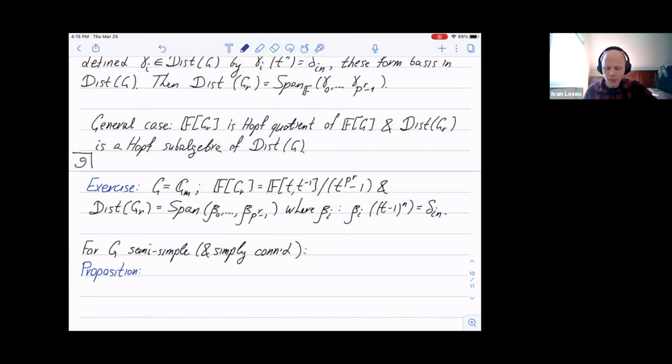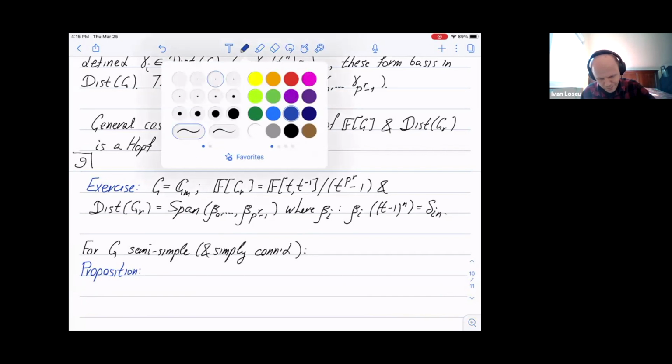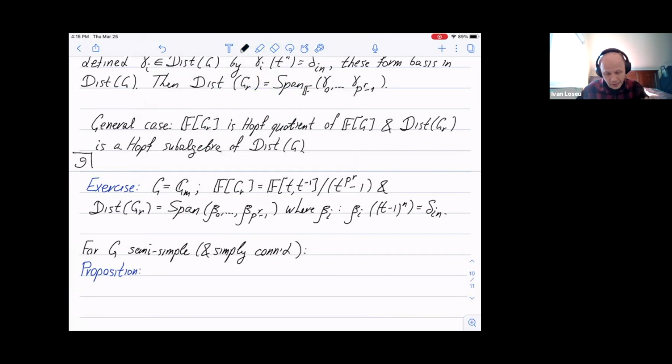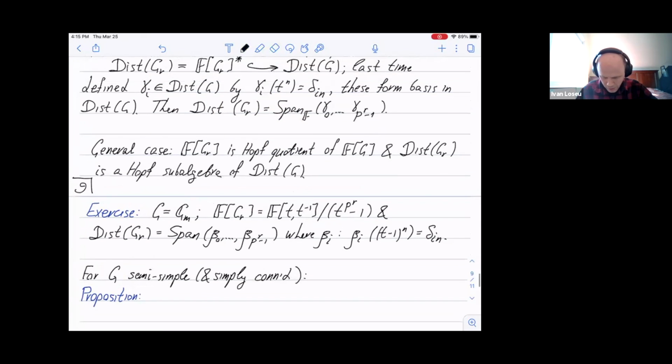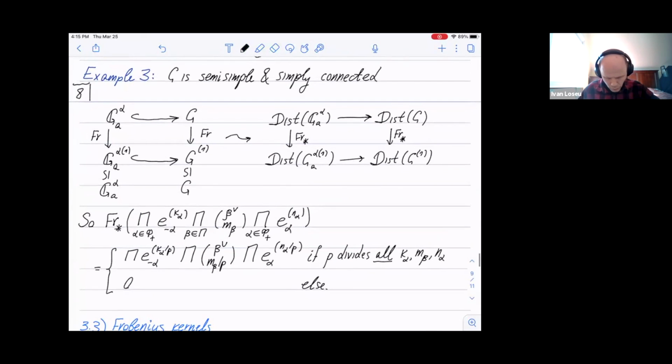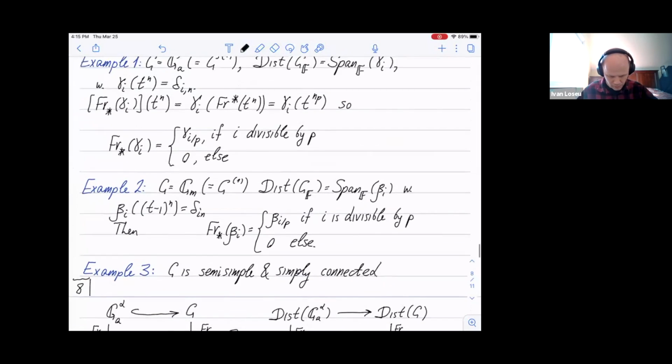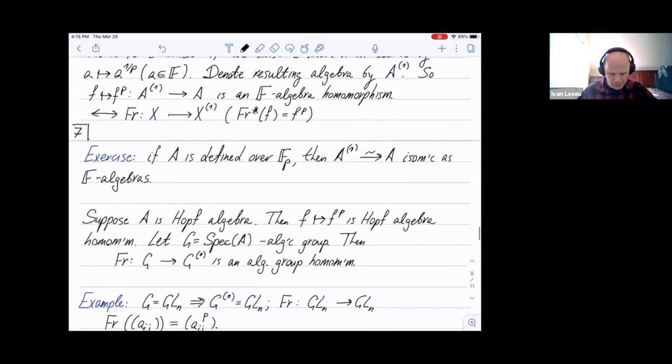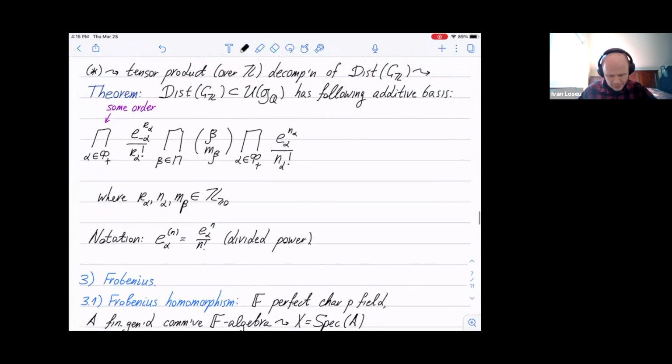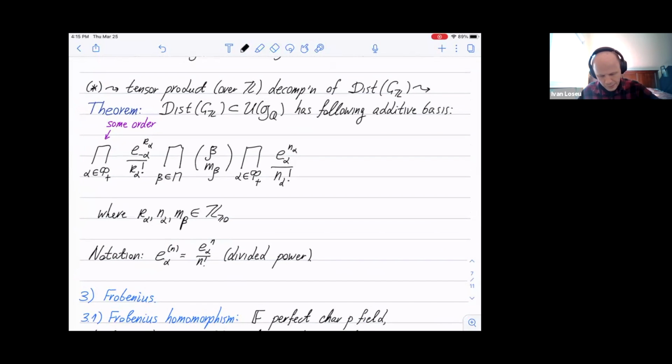So first of all, we can describe the distribution algebra of the Frobenius kernel as a subalgebra in the ambient distribution algebra. Last time we described a basis in the distribution algebra of a semi-simple group, and the basis looks like so. What's the meaning of this notation?